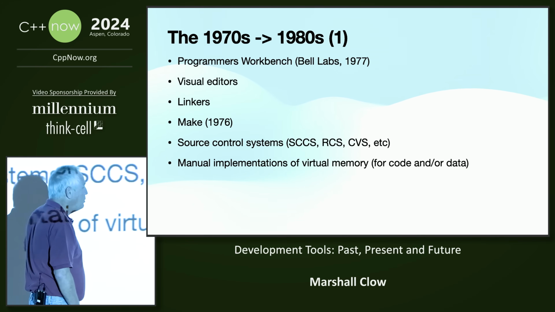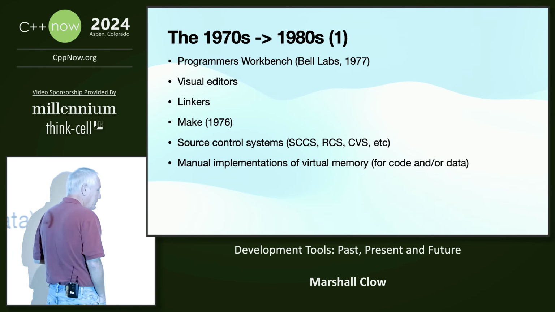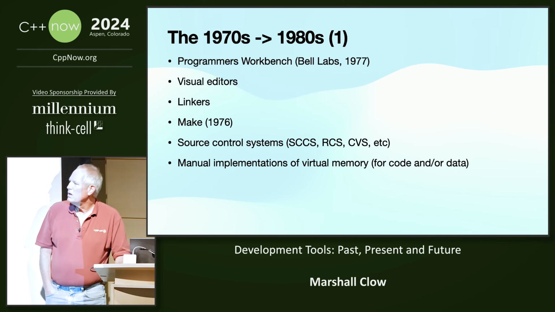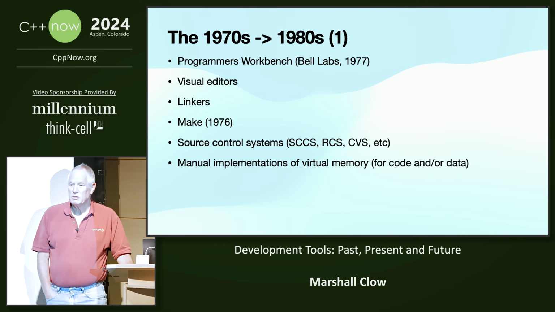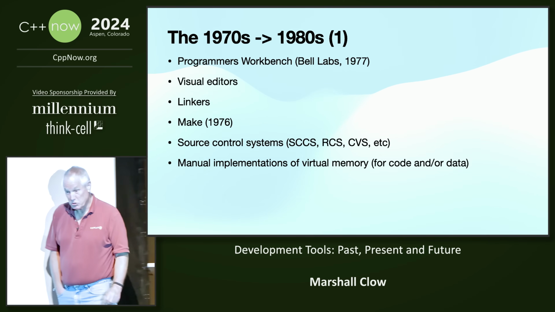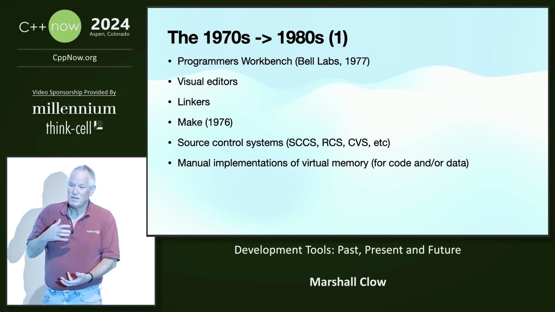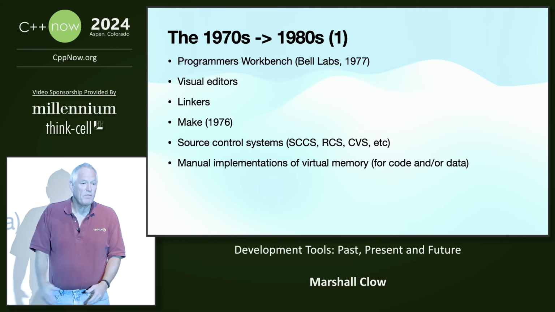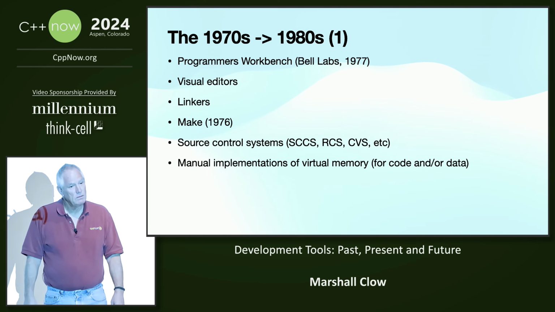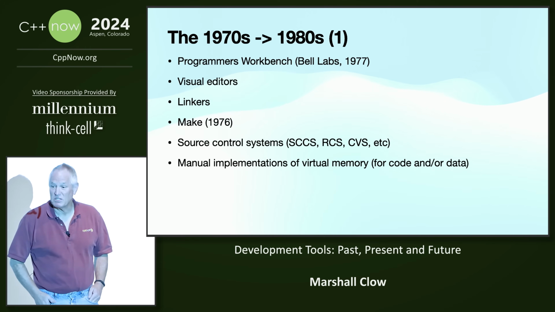And this bottom one here is not actually something that came out of Programmer's Workbench, but there were lots of implementations of virtual memory, specialized virtual memory for small machines, because most of the machines that people had were pretty small. And people were writing pieces of software where the software and the data couldn't really fit in RAM on these 8K, 12K, 16K, 32K, 64K if you were really lucky machines.